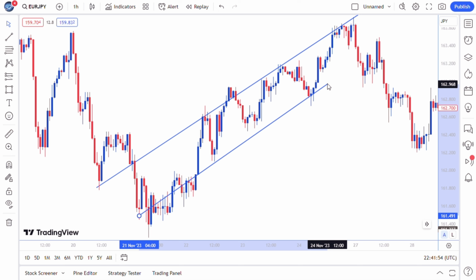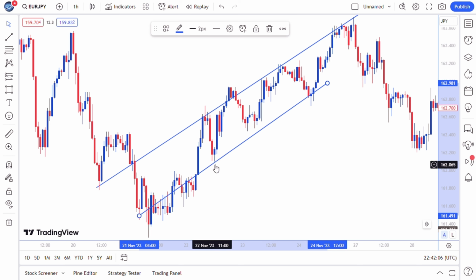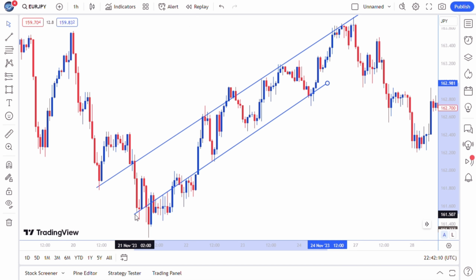Starting from here, take it up and make sure it touches more prices. You can adjust here. The more prices this touches, the better.